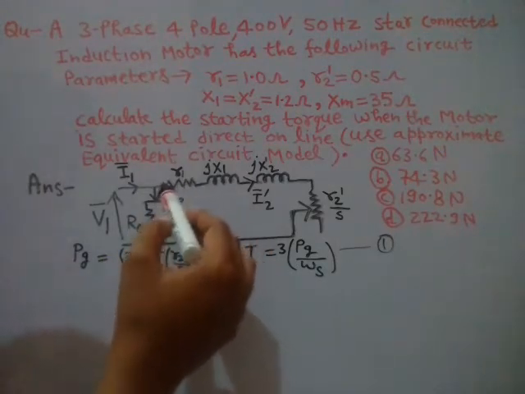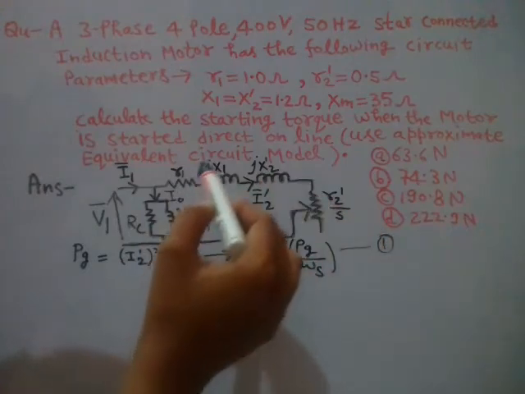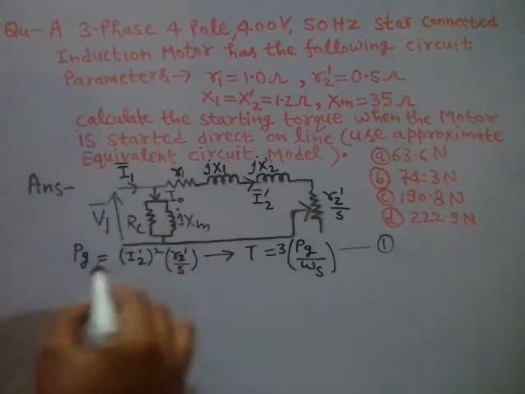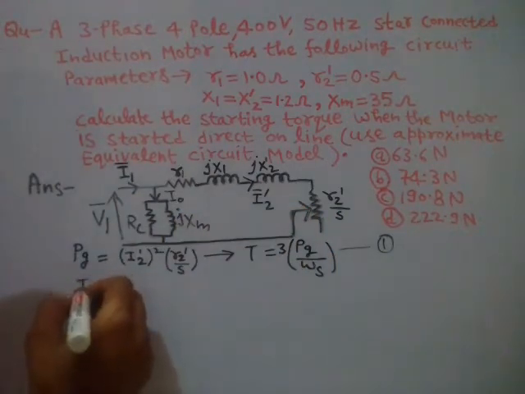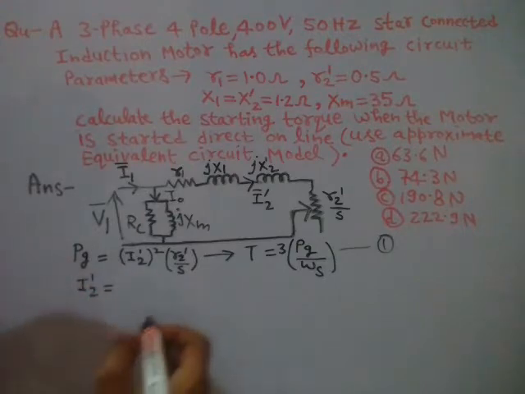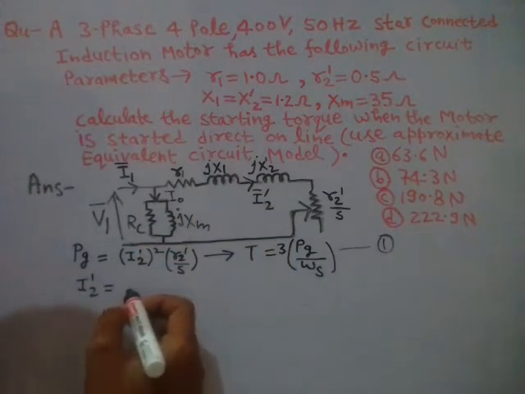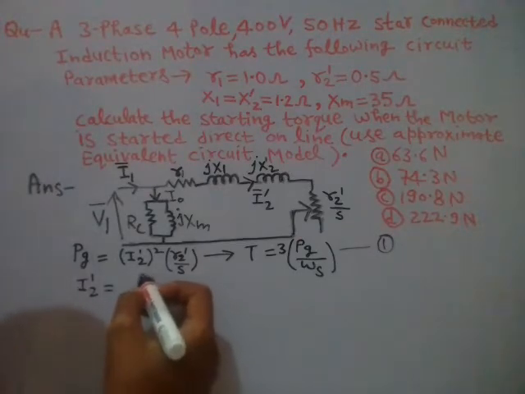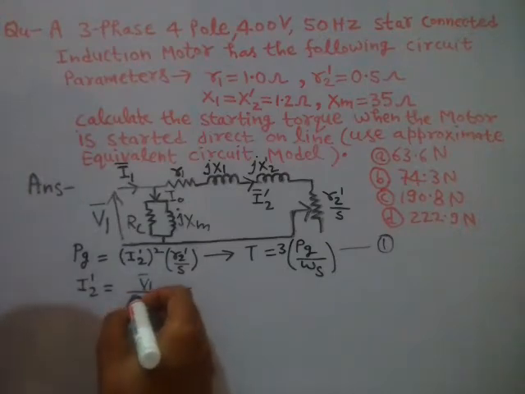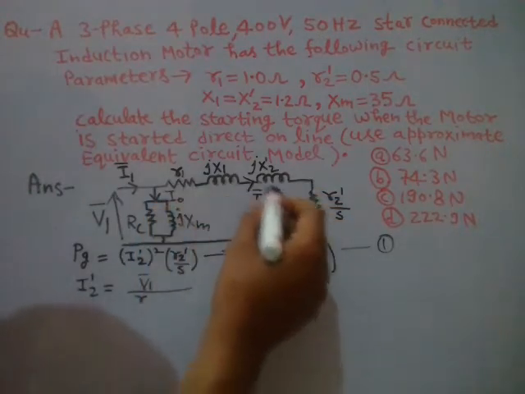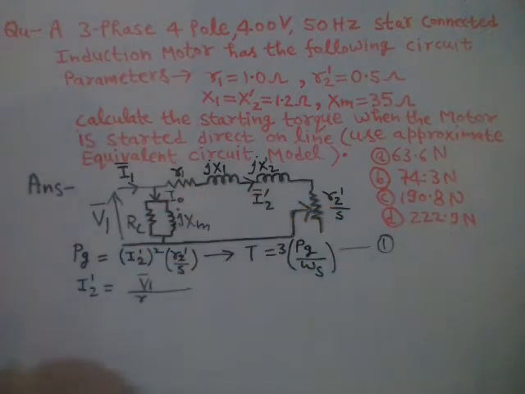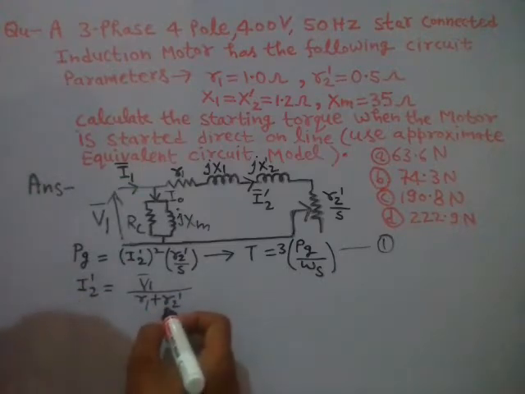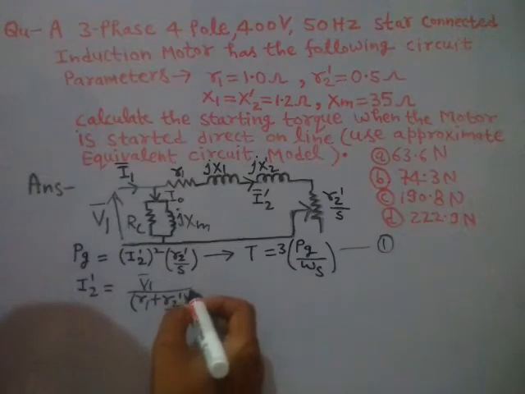So just have a look at it. Here I2 dash is the current which is flowing in this circuit, right? So you can write I2 dash equal to this applied voltage V1 divided by the total impedance of this whole circuit, that is R1 plus R2 dash by S, right?